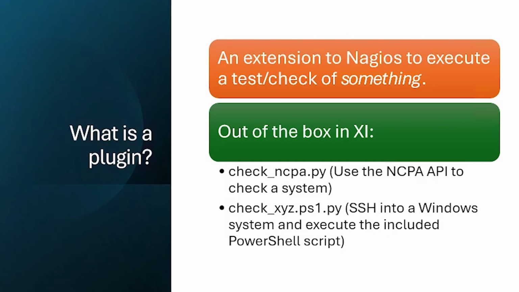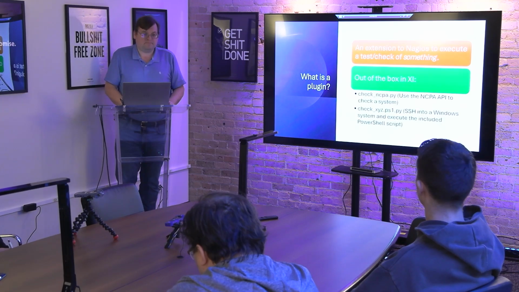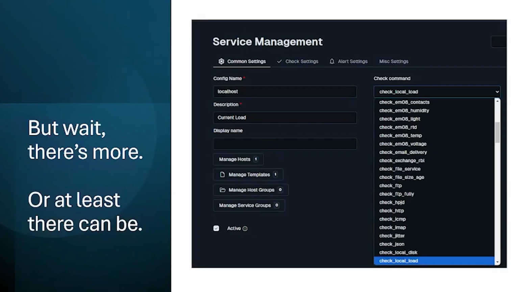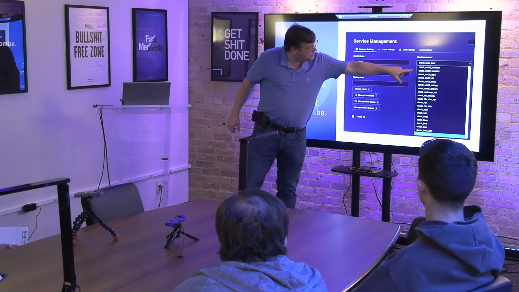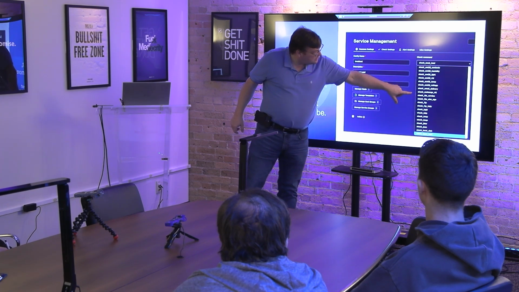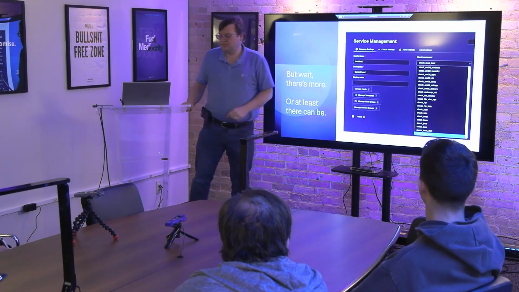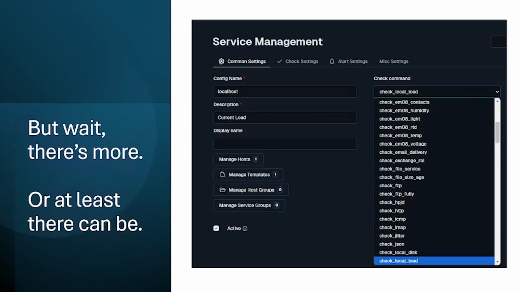Those interface with Windows via SSH to do various things. You'll see those as you work into XI more and more. You'll also see check EM08, email, Exchange server, files.